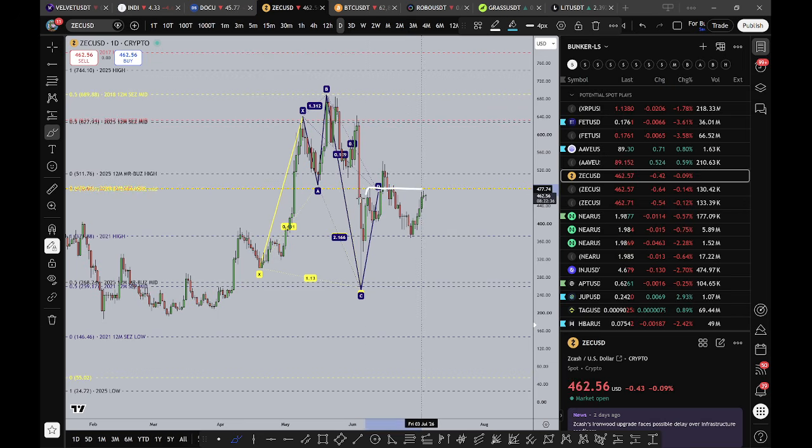Look, this is an inverted smiley in the making. If you wanted to hedge a short on Zcash, you can very easily hedge a short here. Your invalidation is clear. If you get above that left shoulder high, you get the hell out of the short, right? If you want to play it wider, you would do it above this high, but I wouldn't recommend it. Just keep it tight. Get in the habit of keeping things tight unless you're actually going straight for a swing, right?